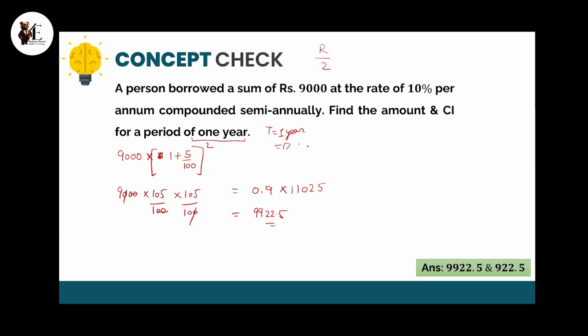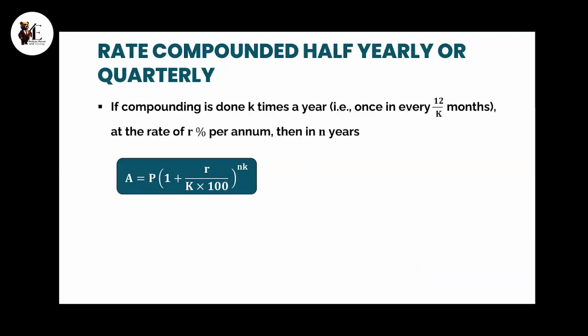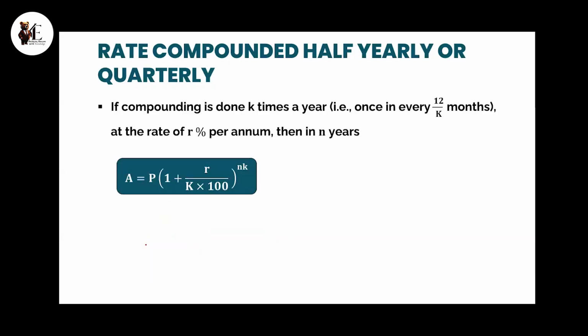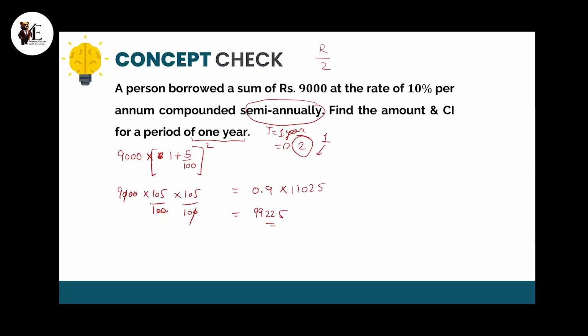Means we are calculating for 2 cycles because in 1 year there are 2 half years. So that's why the time period will be 2. So when it is half yearly, you have to do these two things: halve the rate of interest and double the time period. So you will be getting the answer.